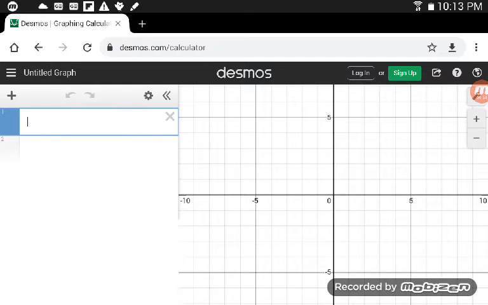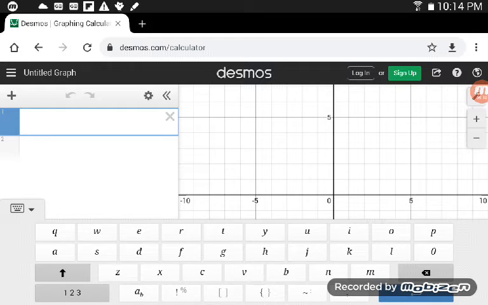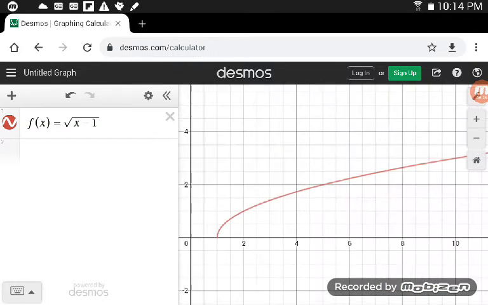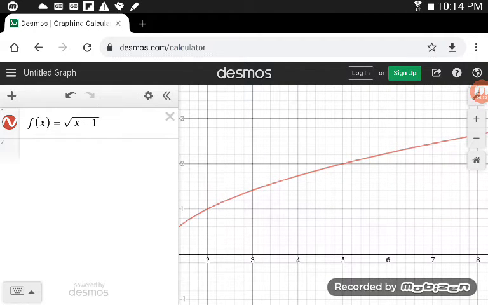So I go in here, and I can't just hit a keyboard, so I have my f of x equals square root of x minus 1. So there's my function, and sure enough it goes through (5, 2) here, so I can kind of move that over and get that a little bigger right there at (5, 2).